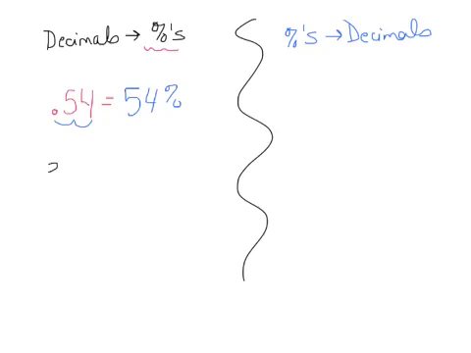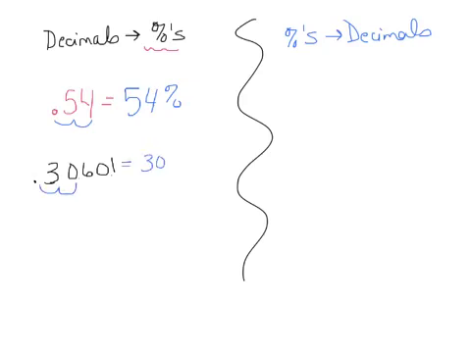Now let's change this up and pretend it was 0.30601. I would still just move the decimal place 2 places to the right.